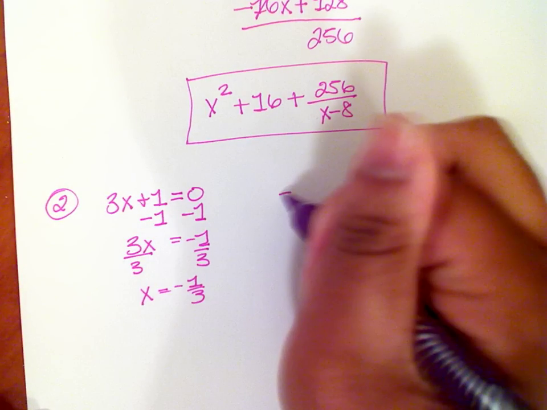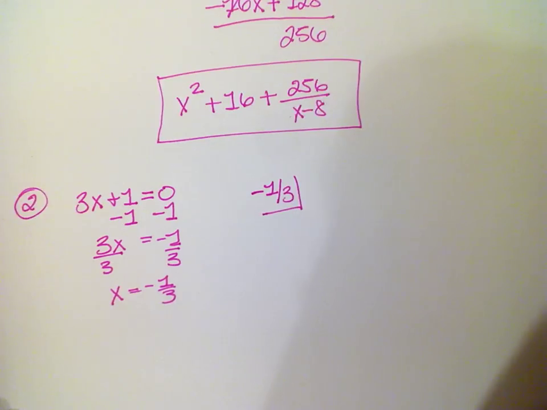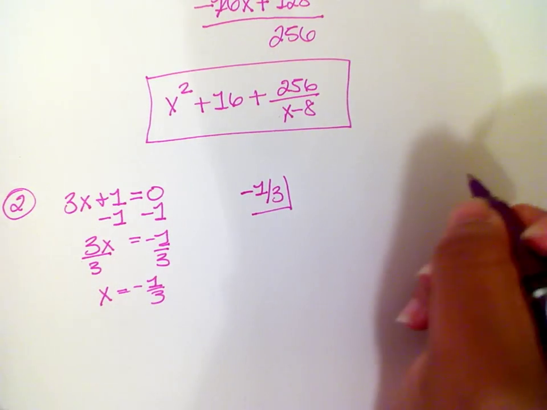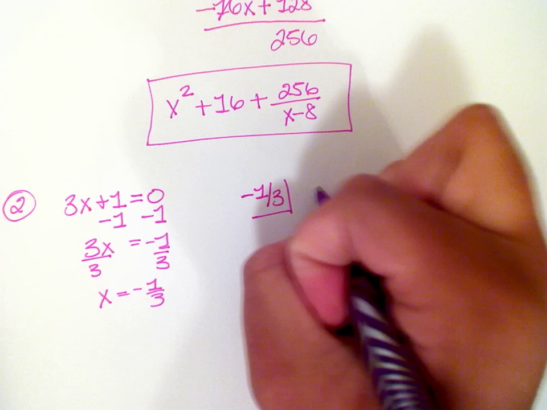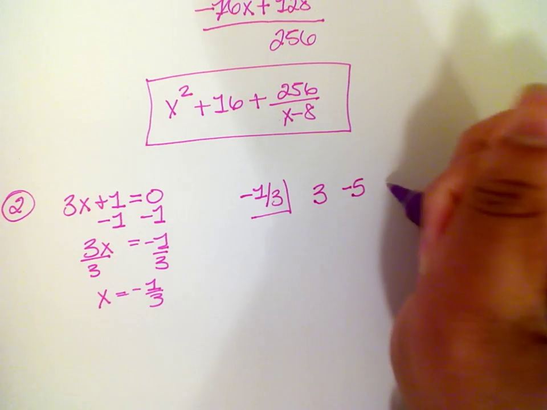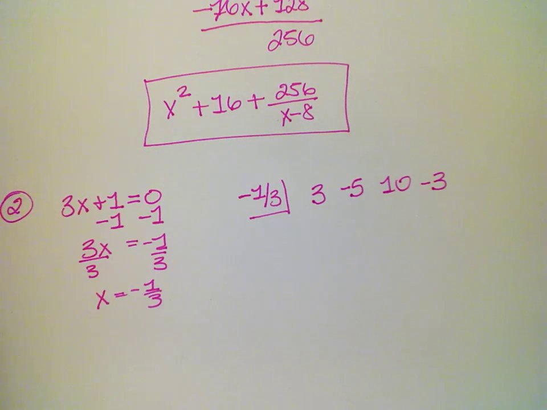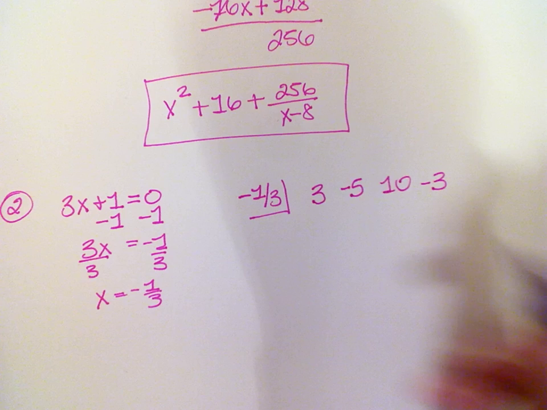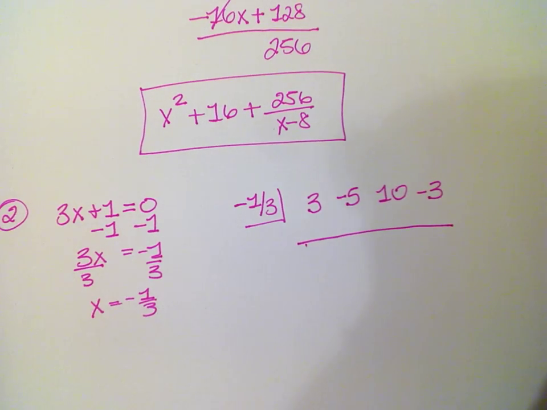So then negative 1/3 goes in our box, and we write down the coefficients from our dividend. So that would be 3, negative 5, 10, negative 3. And of course, if we were missing any terms, we would write a 0 as a placeholder for those. But in this case, we weren't missing any, so we're good. So then to do synthetic division, we bring down the first number.